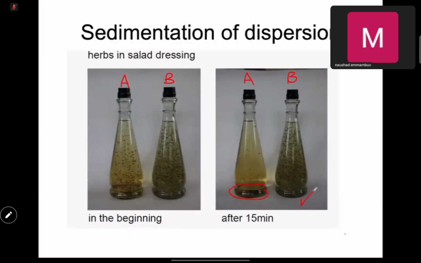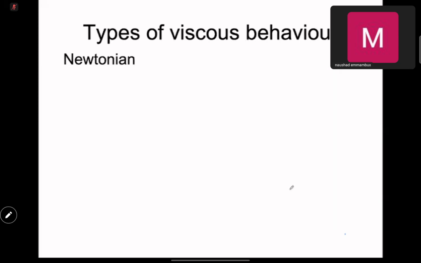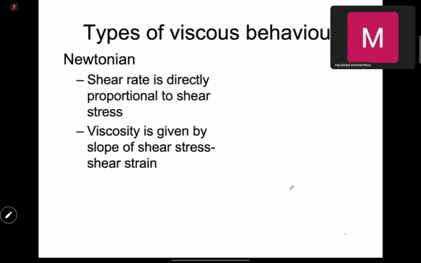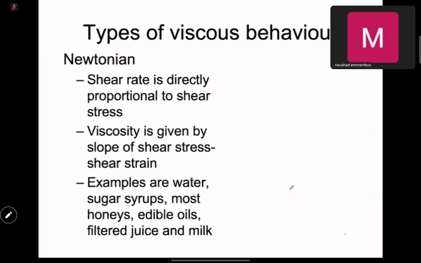You need to get a viscosity, a thickness, that doesn't allow the material to sediment at all. When you talk about viscosity, this is the last part of rheology. We won't go into a lot of detail on viscosity measurement.